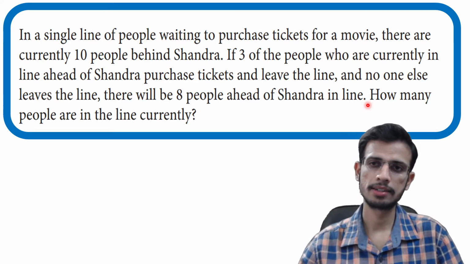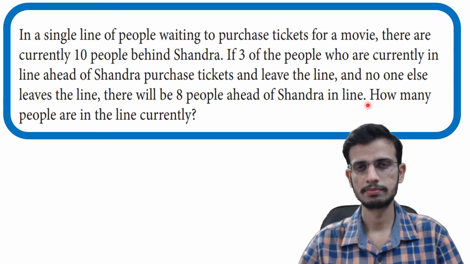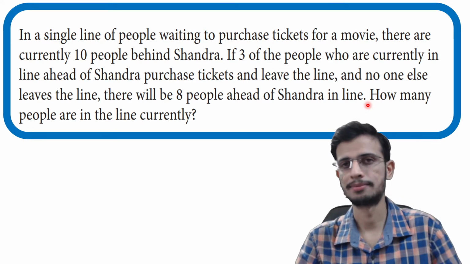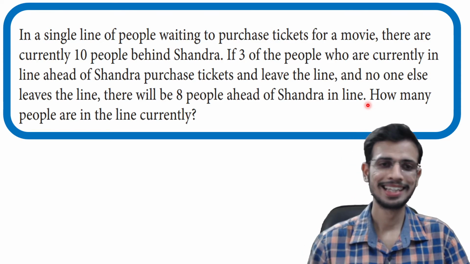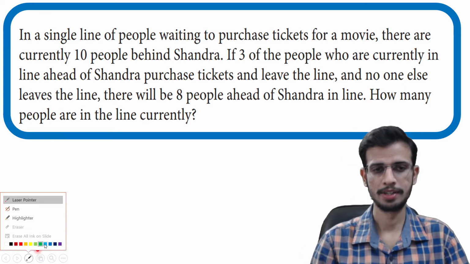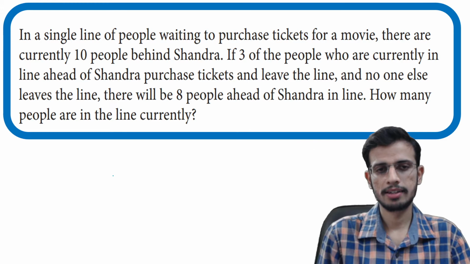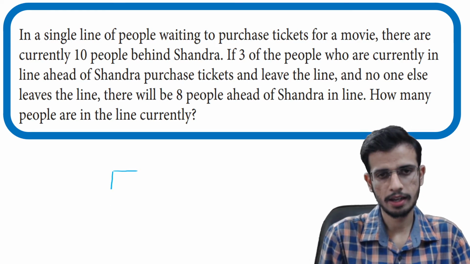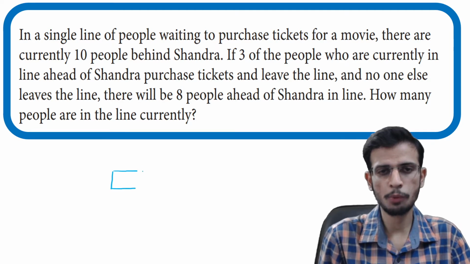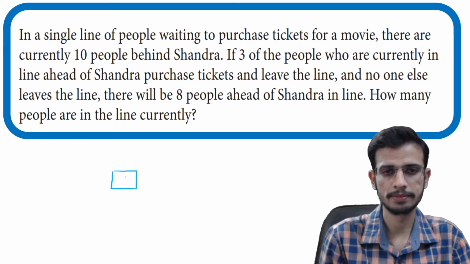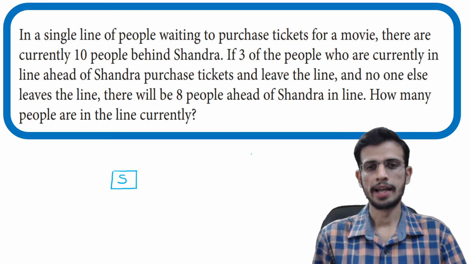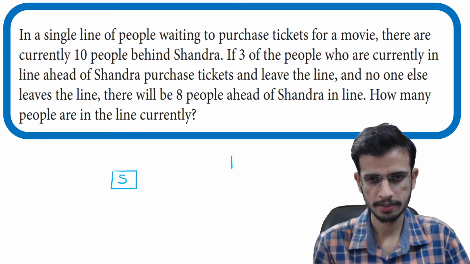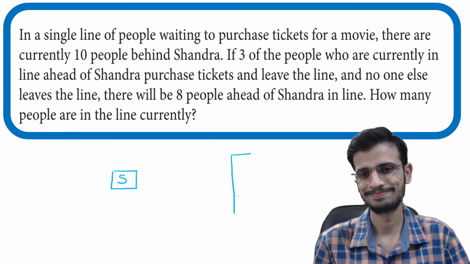If 3 people leave the line, then there will be 8 people ahead of Sandra, right? There will be 8 people ahead of Sandra. So can we write this box stands for S, Sandra, right? And this is, we can say, the ticket counter, right? This is the ticket counter.